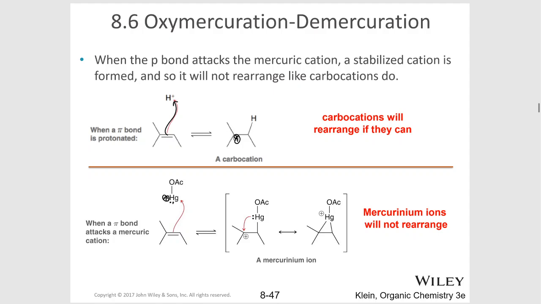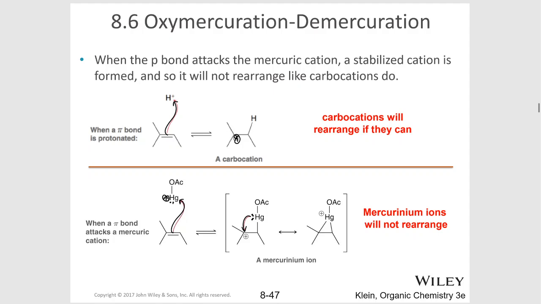Because it has a positive charge, it's subject to nucleophilic attack from the alkene. Okay, the alkene is acting as a nucleophile, which will attack the mercury because it has that positive charge. But then the lone pair from the mercury will attack the newly formed carbocation. So a carbocation never really forms here.